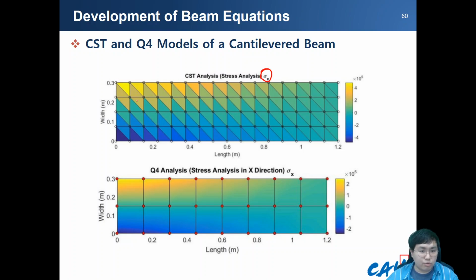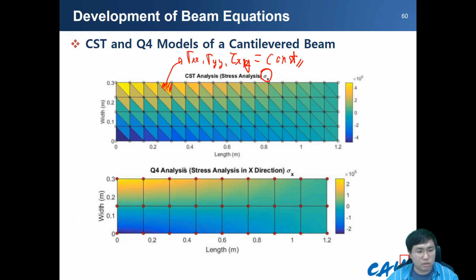Here, the triangle element shows distinguished colors. It is because for each element we have stress in the x direction, stress in the y direction, and shear stress xy, and they are always constant inside the whole element domain.